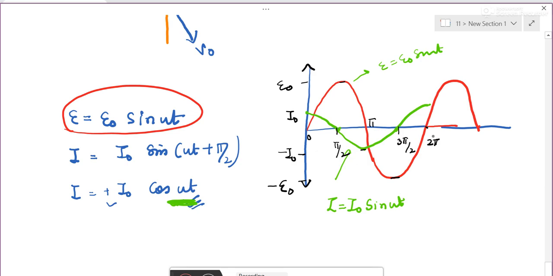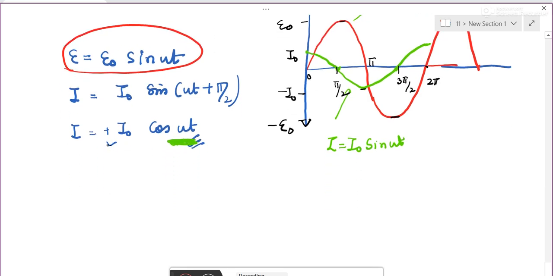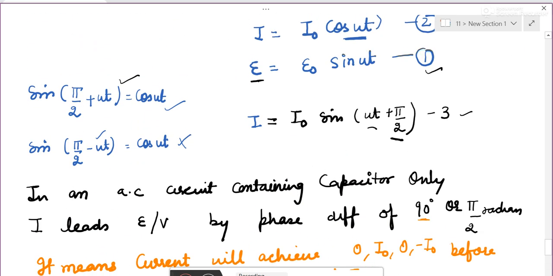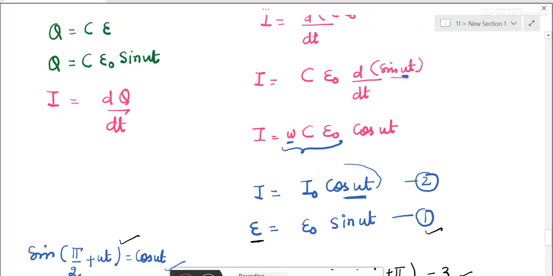Okay, coming to this thing once again. What was I naught, if you remember? I naught was omega C E naught. And how have I written this? Go back, you will see. This thing I wrote as I naught.